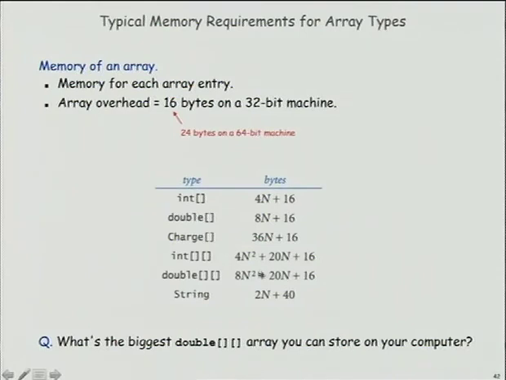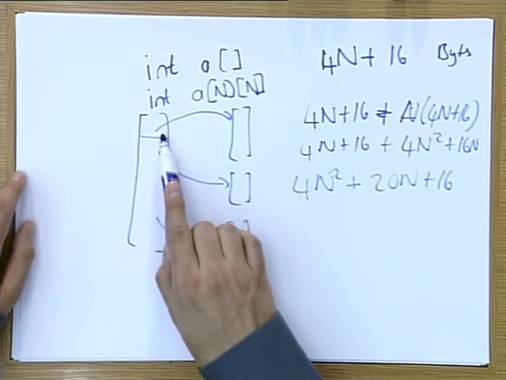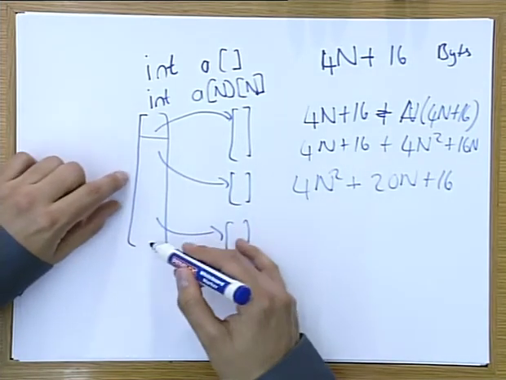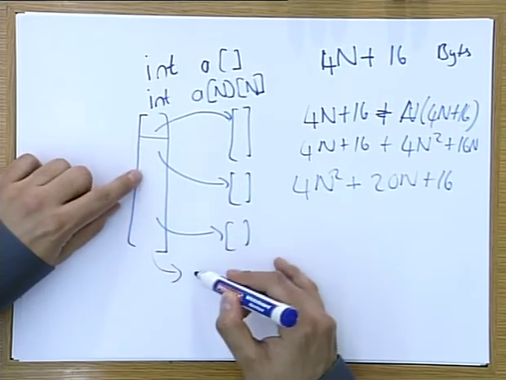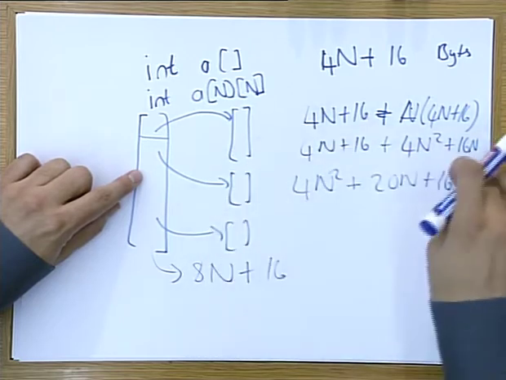And similarly, for a double, we can do the same thing, and I really encourage you to do this. Just be warned and be careful. I did this when I prepared this lecture, and I got it wrong, because the one thing you want to do immediately is to say, but for this array I would need 8n plus 16 bytes, and then you do the same calculation.